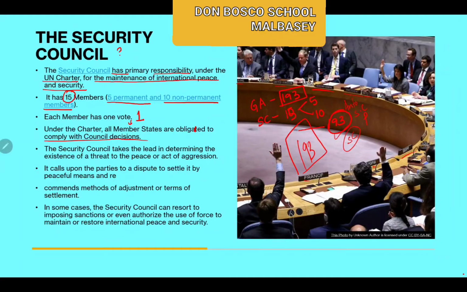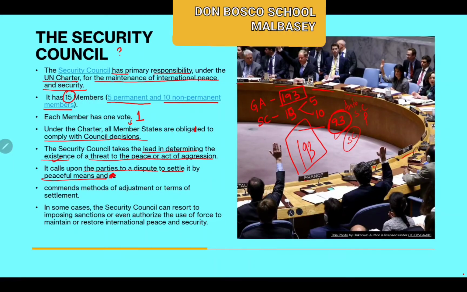Don't be confused. The Security Council takes the lead in determining the existence of a threat to the peace or an act of aggression. It calls upon the parties to a dispute to settle it by peaceful means.